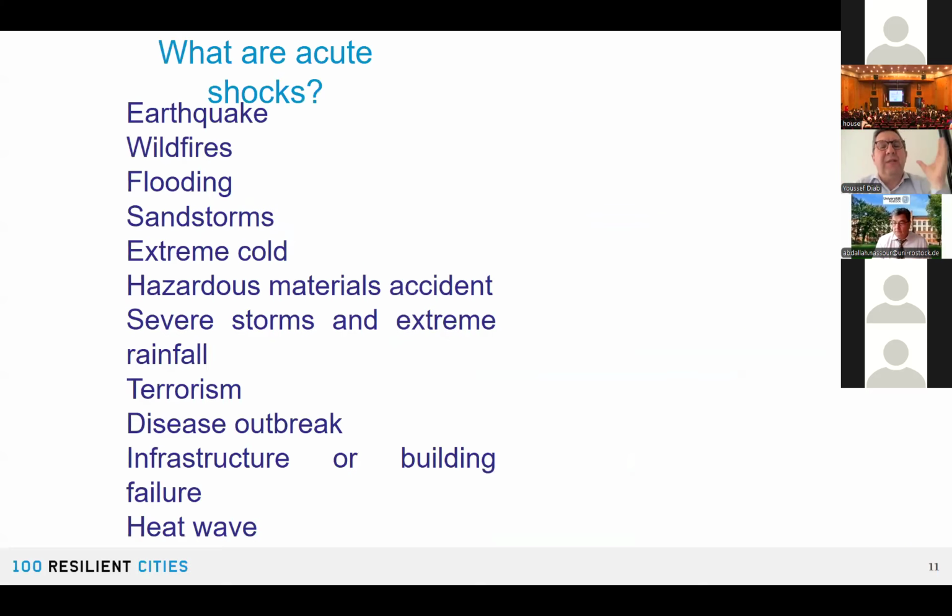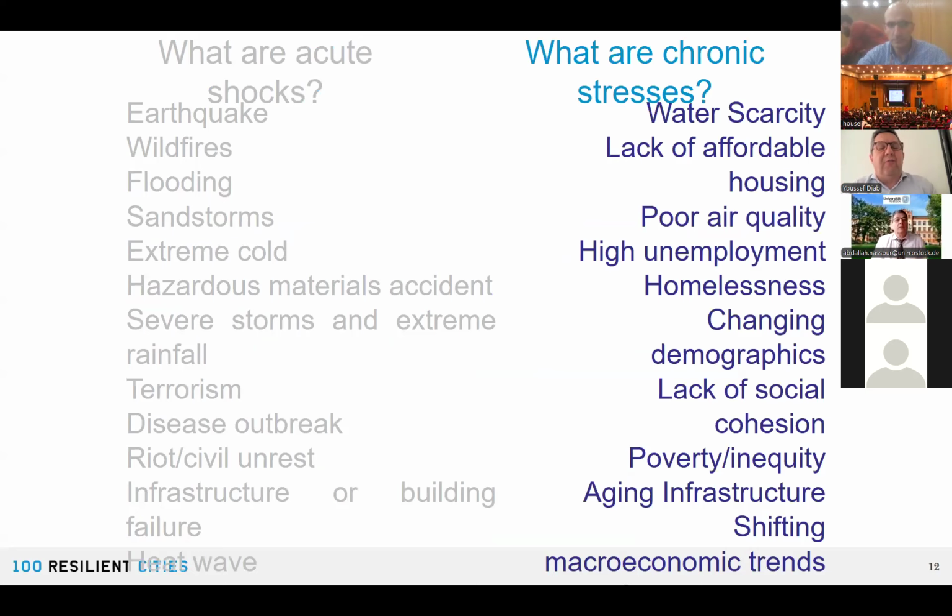So what kind of hazards are we working on? We have two categories. The shocks: we know earthquakes, wildfires, floods, sandstorms, and so on. And we also work on chronic stresses. Chronic stresses are very important because they generate a lot of continuing problems in the city. For example, air quality is very related to public health issues. Poverty is also very important.